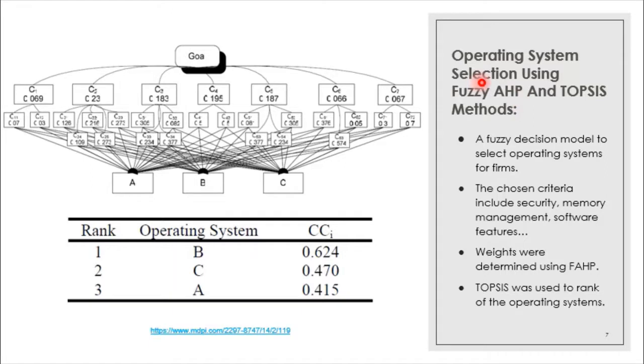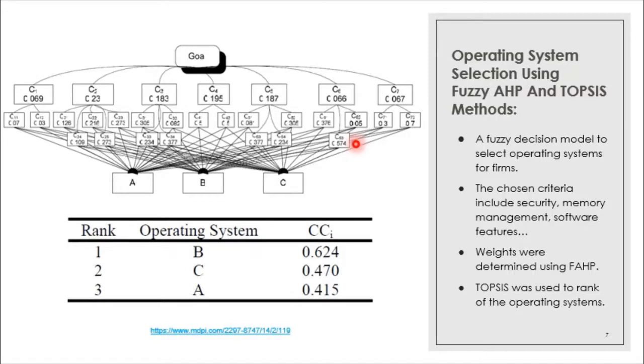This paper proposed a fuzzy decision model to select operating systems for firms, while taking into consideration the subjective judgments of decision makers. They chose certain criteria, C1 through C7, which included security, protection, memory management, software features, and others. They organized the criteria in a hierarchy where, as we can see, we have criteria, sub-criteria, and if needed, also sub-sub-criteria.